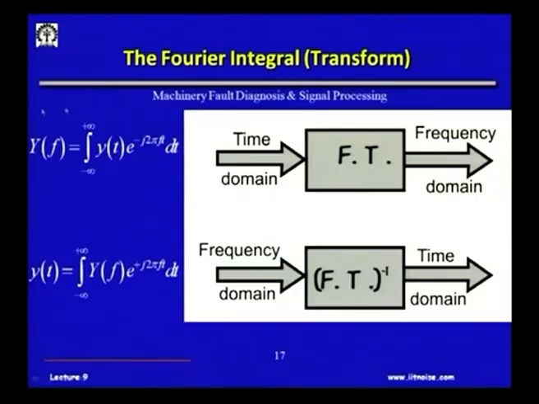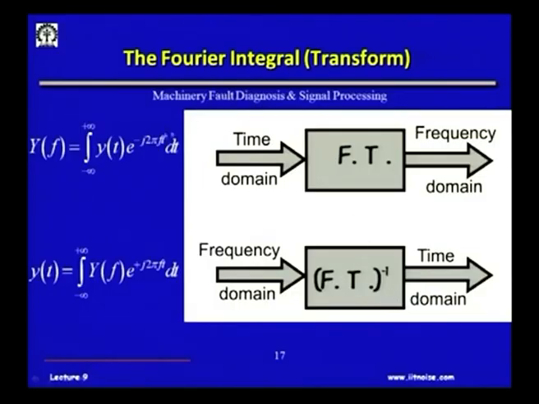Okay. And we will see how this is done. And the vice versa is also true. If I have a signal in the frequency domain, I can get back its individual time domain components, and this is known as the inverse Fourier transform.